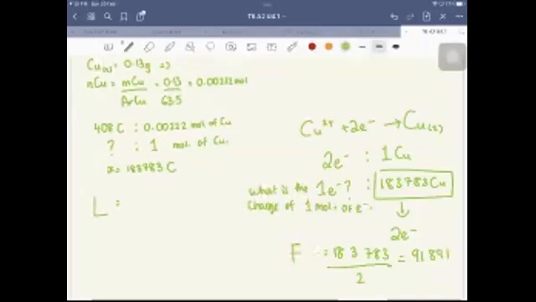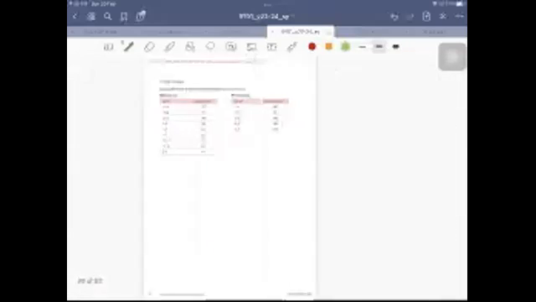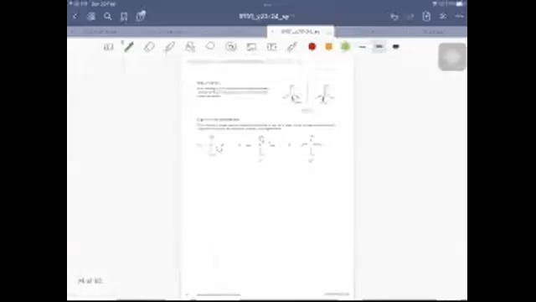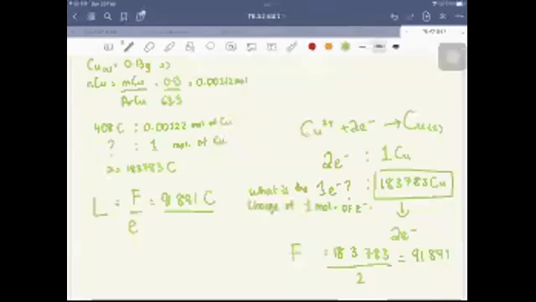So L is equal to F over E. Okay, so my Faraday's based on this experiment is 91,891 coulombs over E, which is the charge of a single electron, which can be found here, is 1.6 times 10 to the power of minus 19.